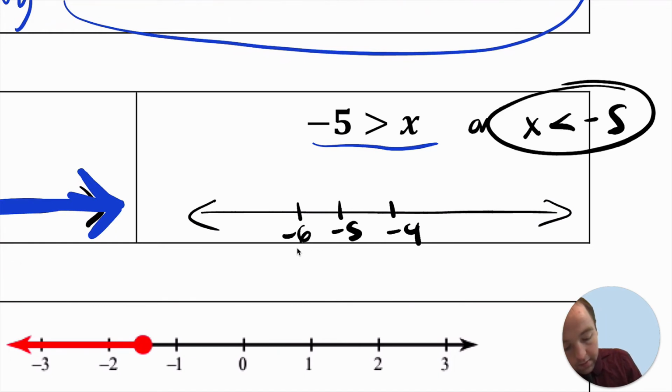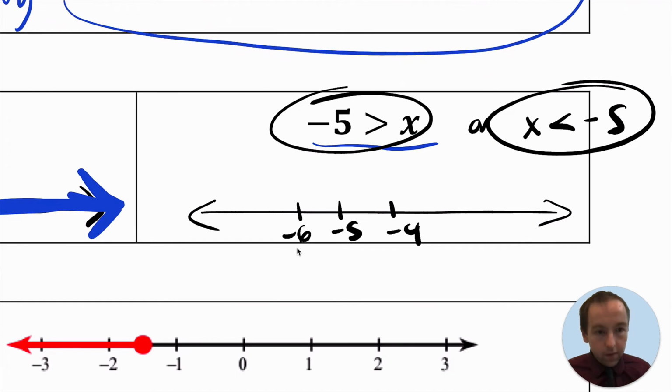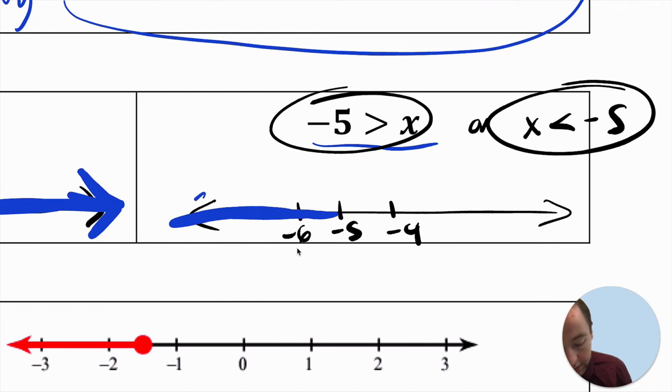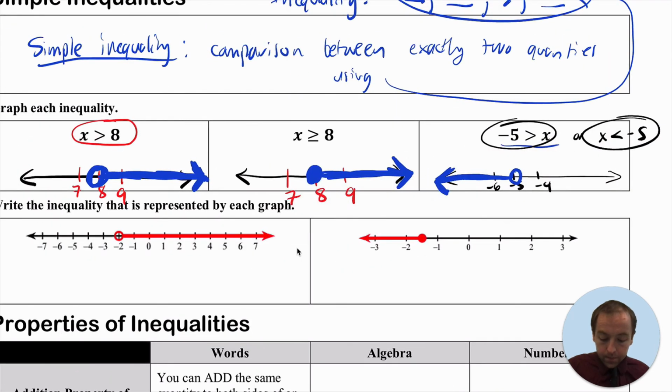Realize that these two statements are the same statement, if you think about it. So what that means is we do want all of these numbers below -5, since -5 is bigger than x. And we'd want to put an open circle because we don't want x to be -5. There's not an equal to underneath that at all.